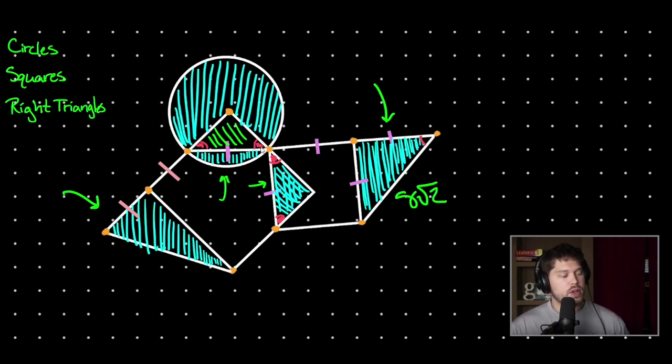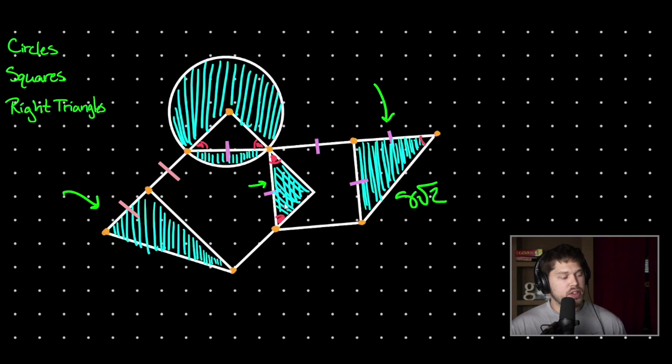Notice that their angles are marked to be congruent to one another. And also note that the side length is marked to be congruent to one another. Therefore, by angle side angle, we can say that these triangles are congruent.